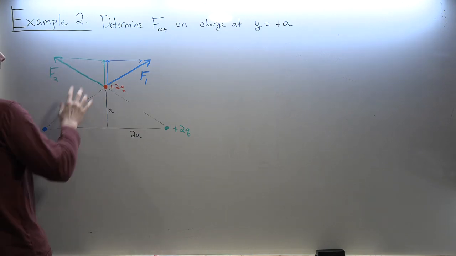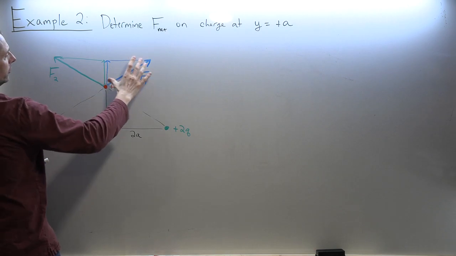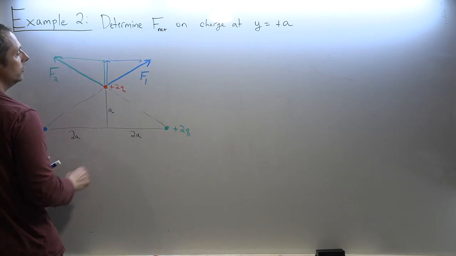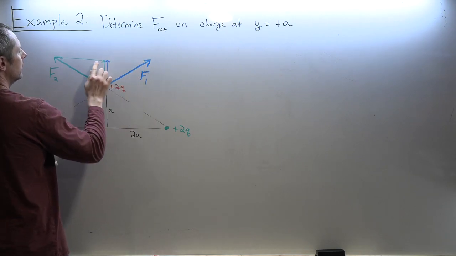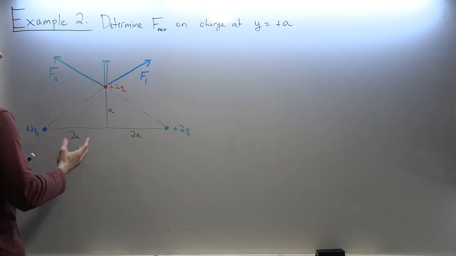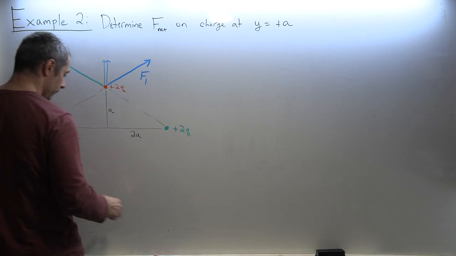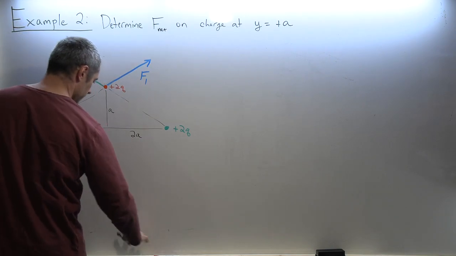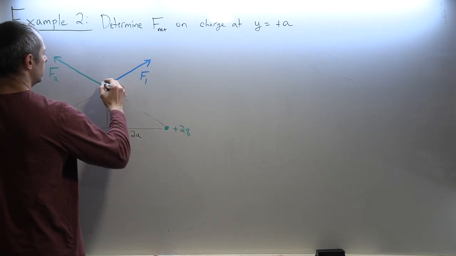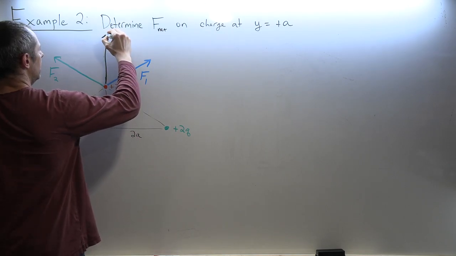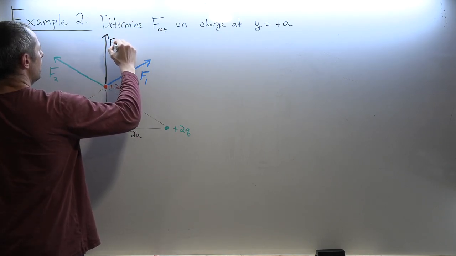So obviously, if this is the same length and they're at the same angles, this number of newtons and this number of newtons cancel each other, the left and rights. And all that's going to be left is the upward net force, which these two then add up to a net force. Something like this, straight up.